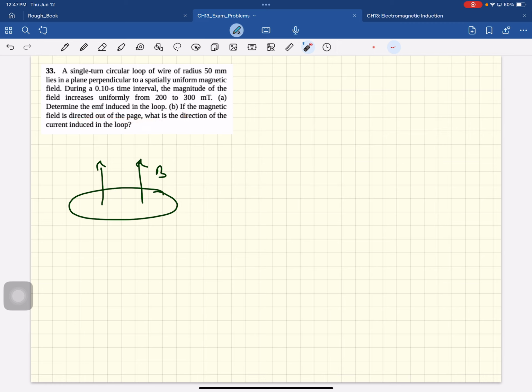Okay, we'll figure out the direction first. So you're increasing the magnetic field. The induced loop current should be such that it's opposing that, so you want to produce a magnetic field like that. So the induced current is in that direction. Okay, B was increasing.